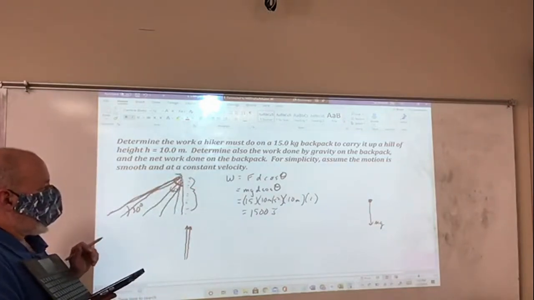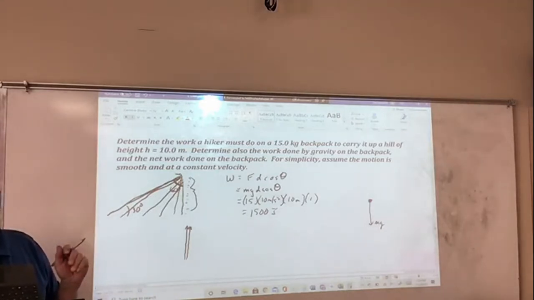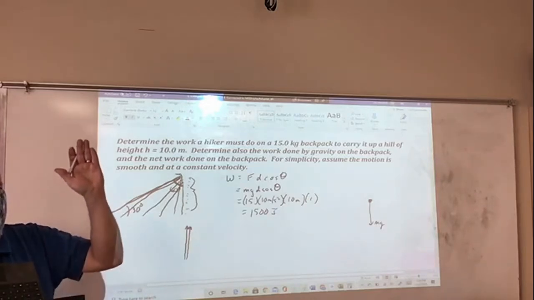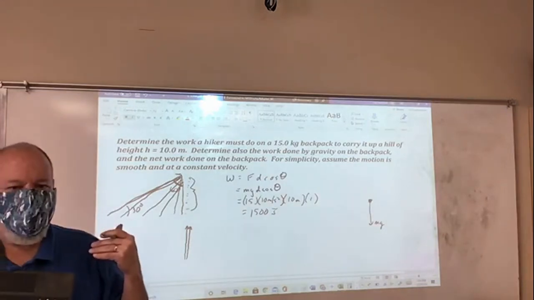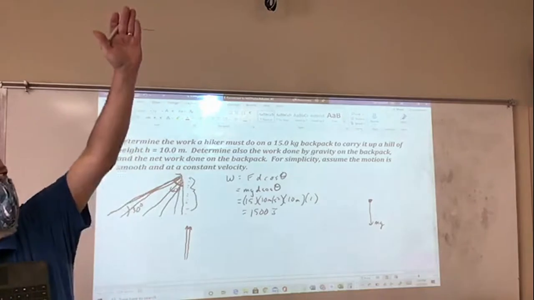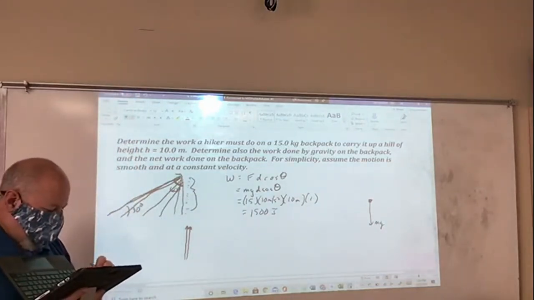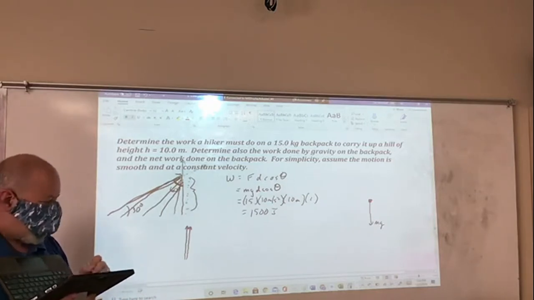What's the direction of the force on the backpack? The direction of force on the backpack is still straight up. Okay? If it's hanging on my back, okay, it's being pushed upwards. So if we actually look beyond this a little bit, there's the direction of motion, there's the direction of force.